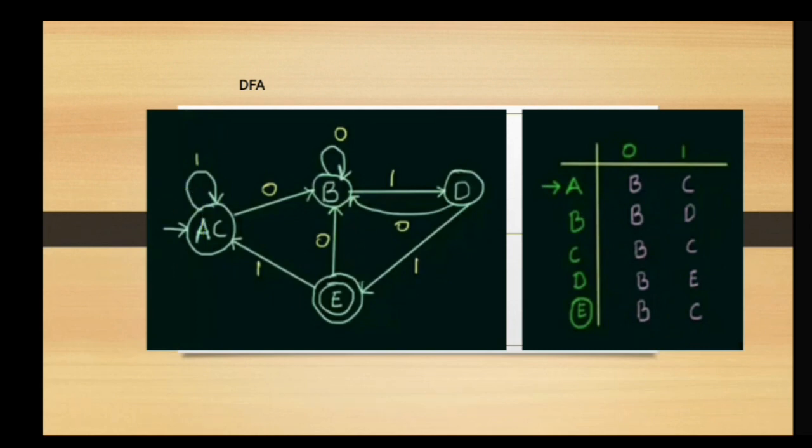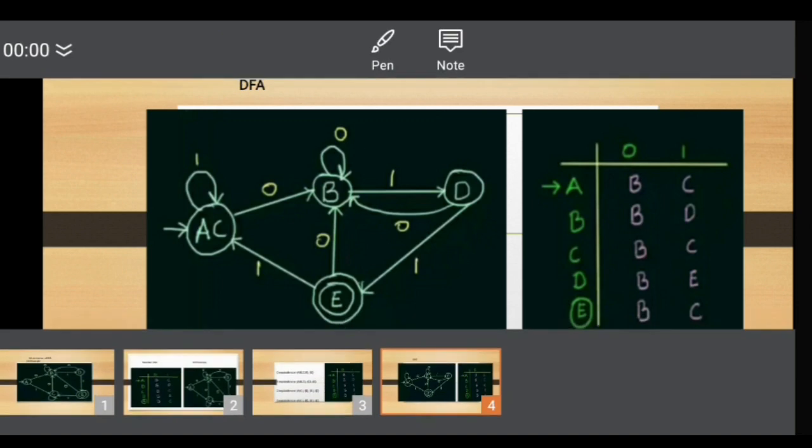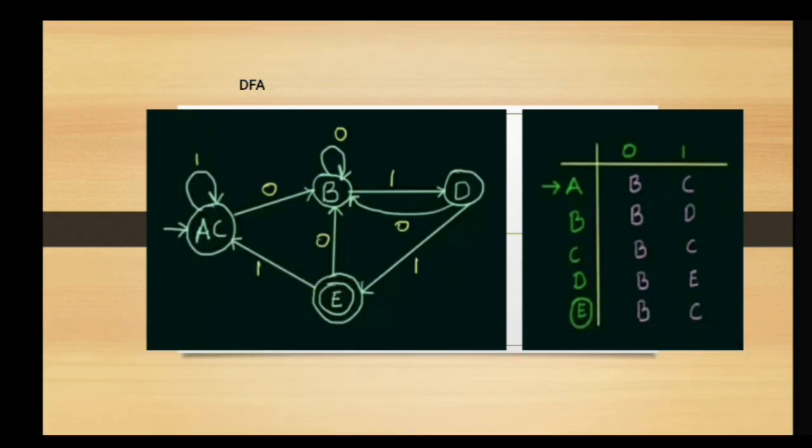State B input 0 goes to itself, and input 1 goes to D. D input 0 goes to B, and input 1 goes to E, and E is our final state. Input 0 goes to B, and input 1 goes to AC. So that's all in minimizing a DFA.